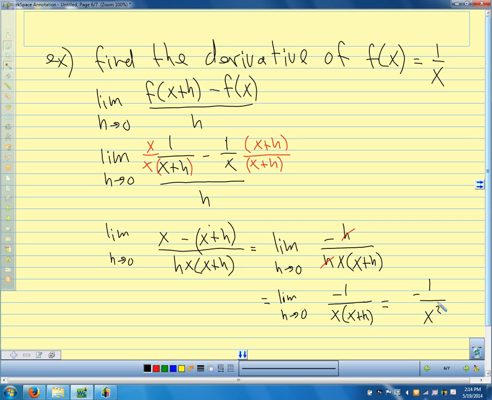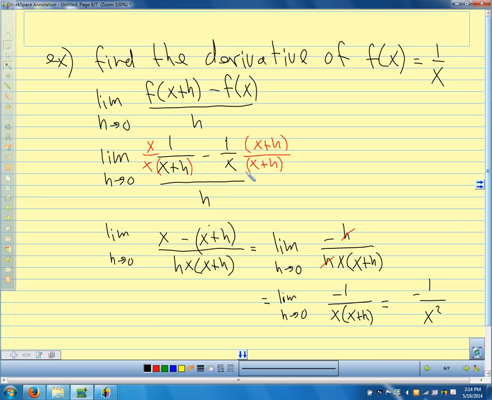So this gives us the slope of our tangent line to 1 over x at any particular point. Questions on the process we use there? So once we do our substitution here, now we're just back to evaluating limits using the rules that we learned back in section 2.